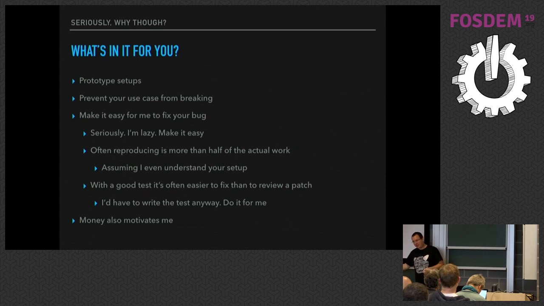Until we had the actual description of how you trigger it, and then it took barely any time at all to figure out where the problem was and fix it. So write tests, illustrate your problem, make it easy for other people to fix the bug for you.